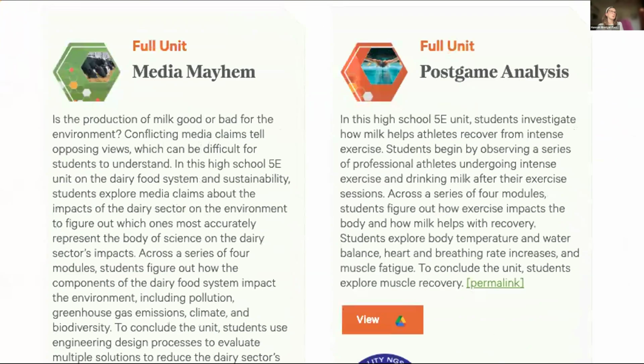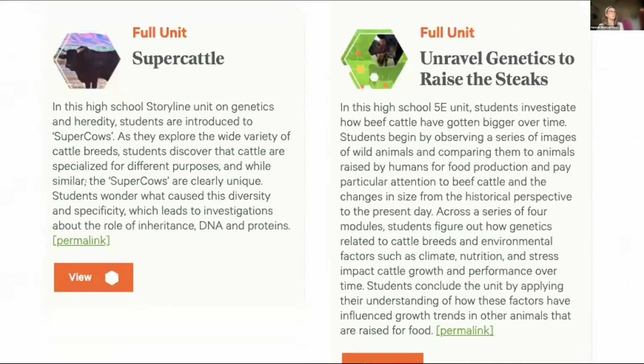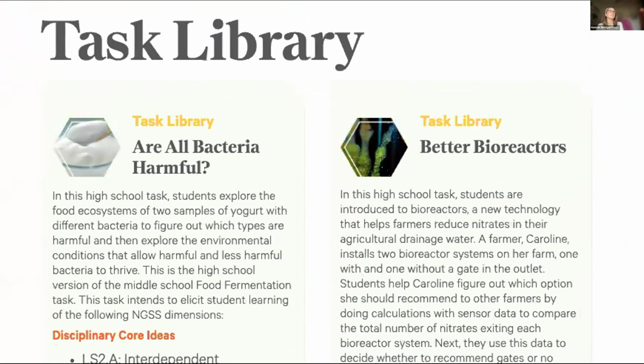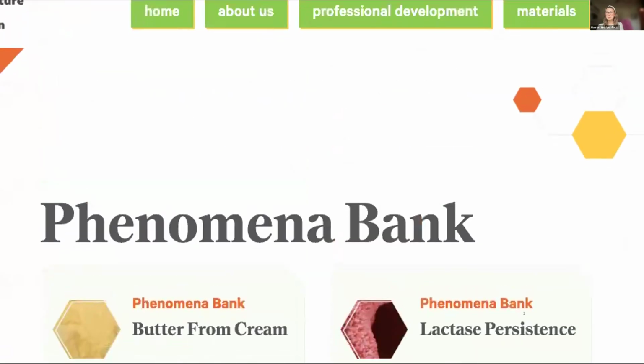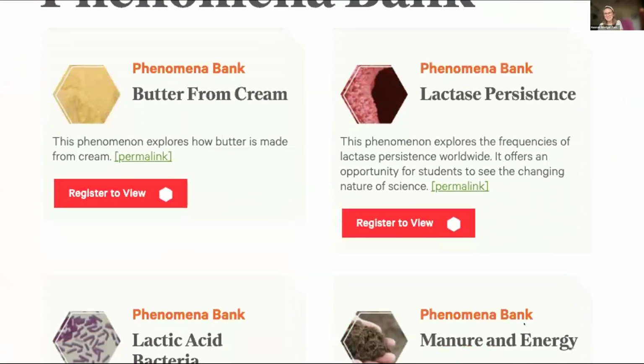You'll see that the post-game analysis unit is here, but also media mayhem is there as well. And then we have some about genetics for beef cattle. These are full units. We have transfer tasks. We have phenomena that live there as well. So there are resources that are free. And like John said, they're third-party vetted. They're vetted by the USDA for accuracy, but also by another group to make sure that the science concepts and how we're teaching them are accurate. So it's super exciting that they're available free for you.